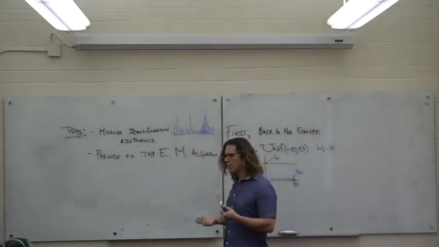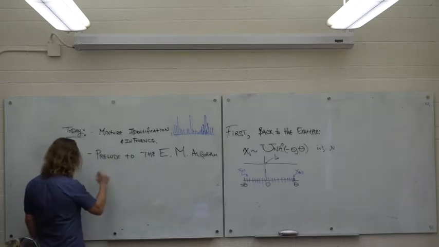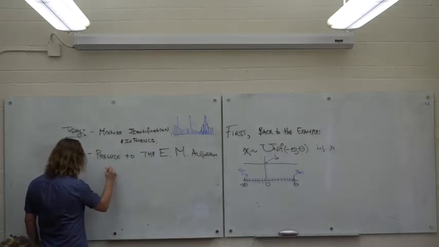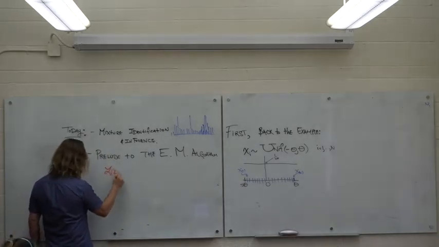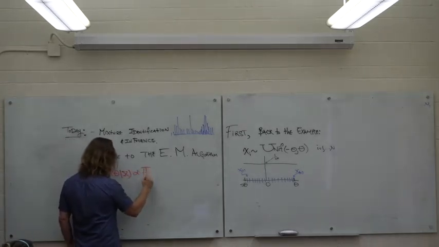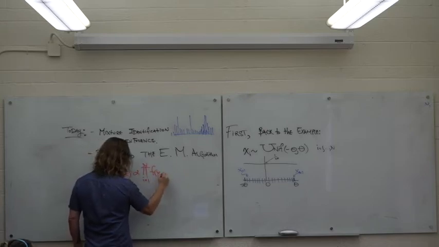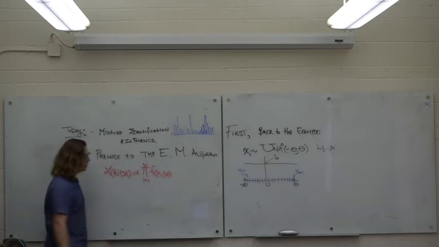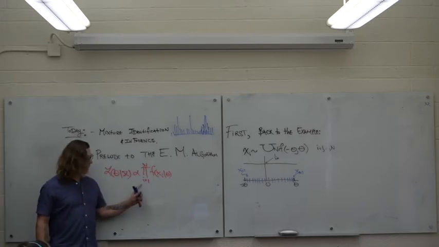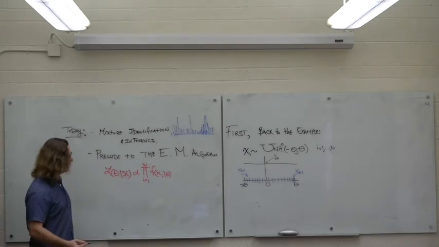So we've been solving a lot of problems where we just write down our likelihood model. So the likelihood of theta given some collection of data is proportional to something that looks like this, where our likelihood is induced by something that we can write down pretty easily.